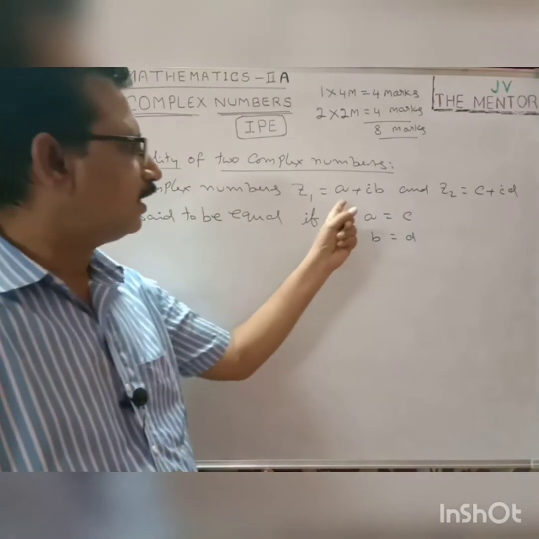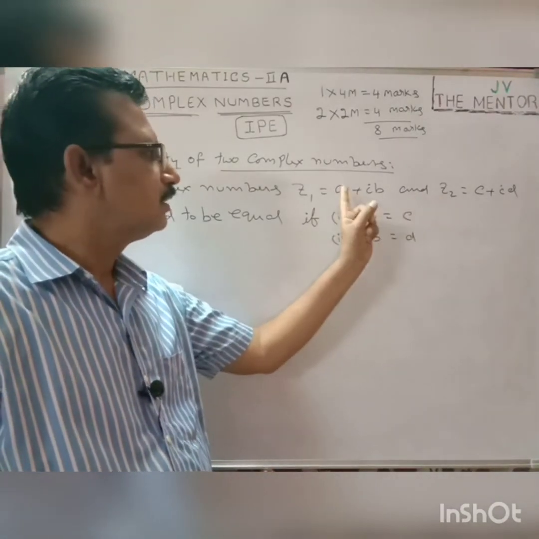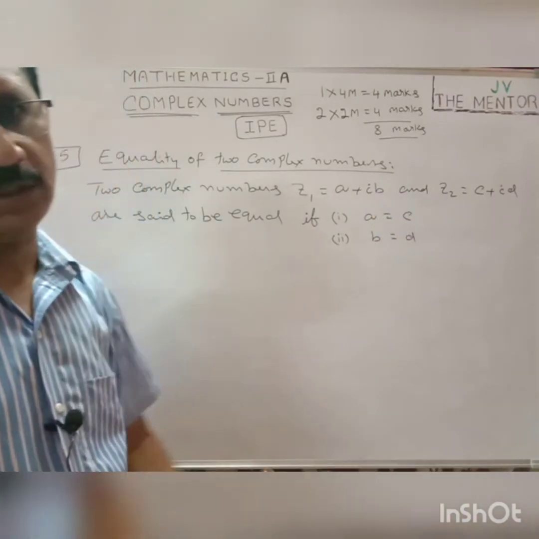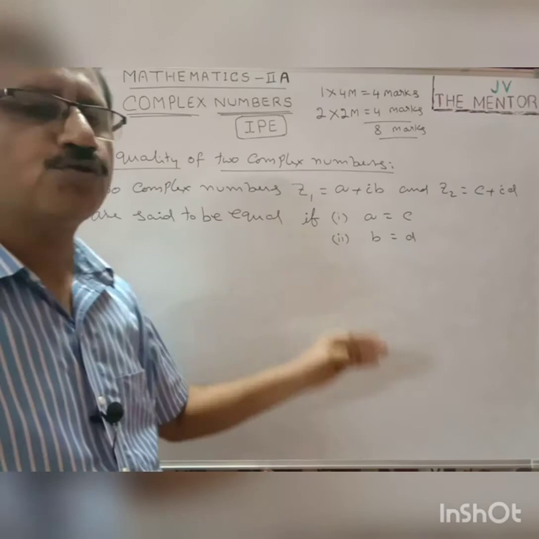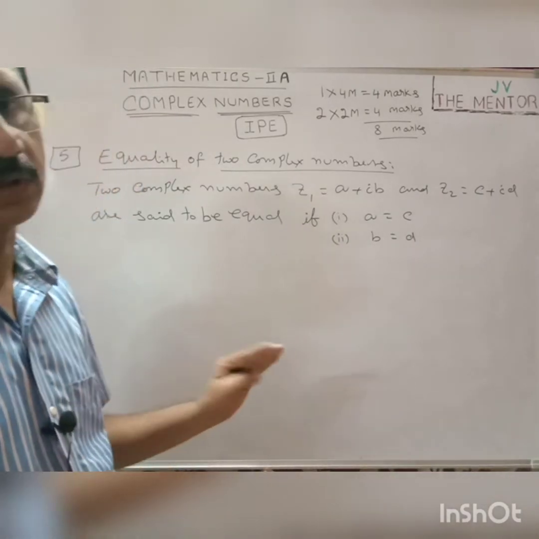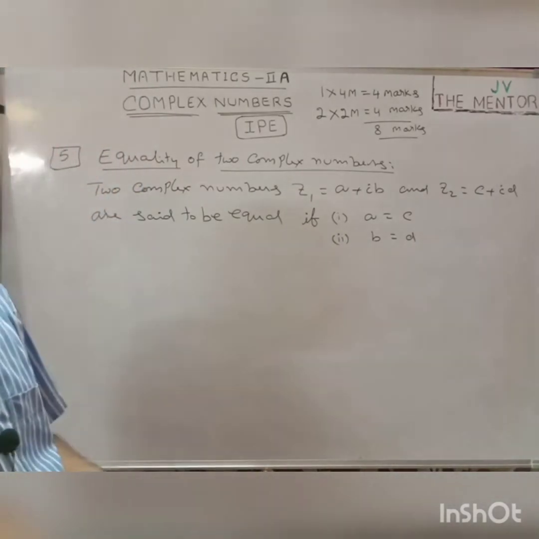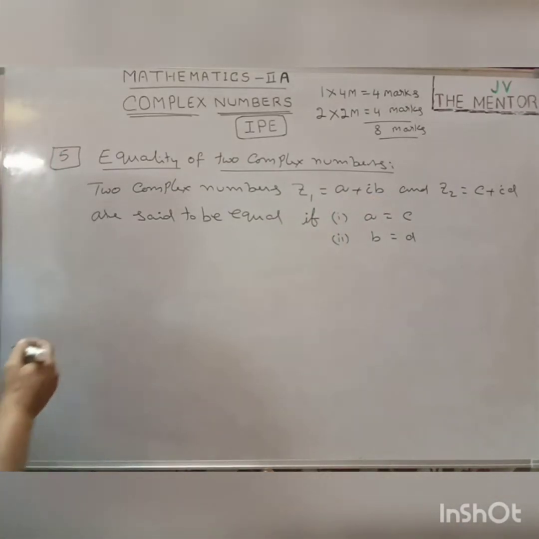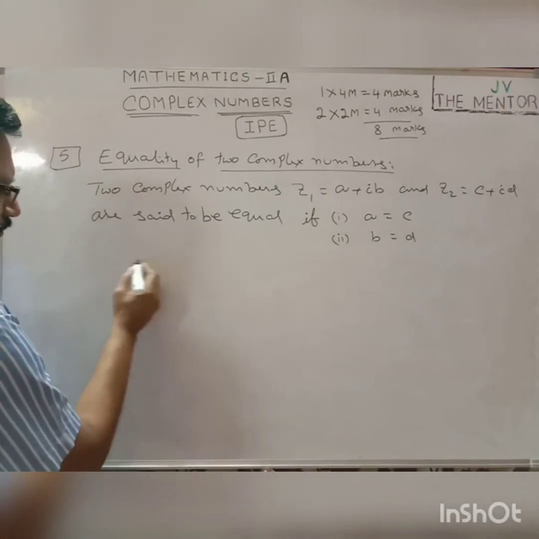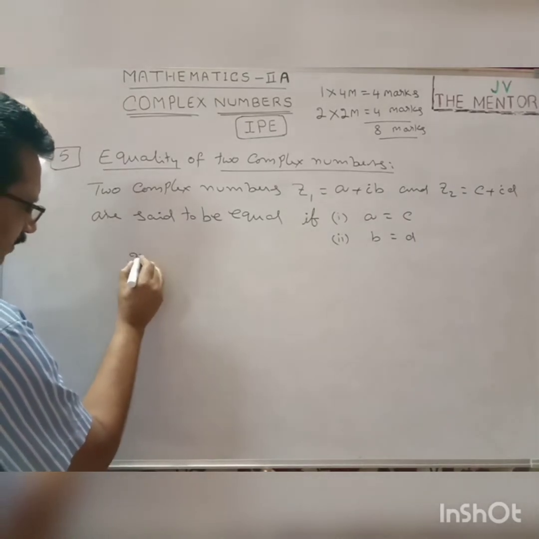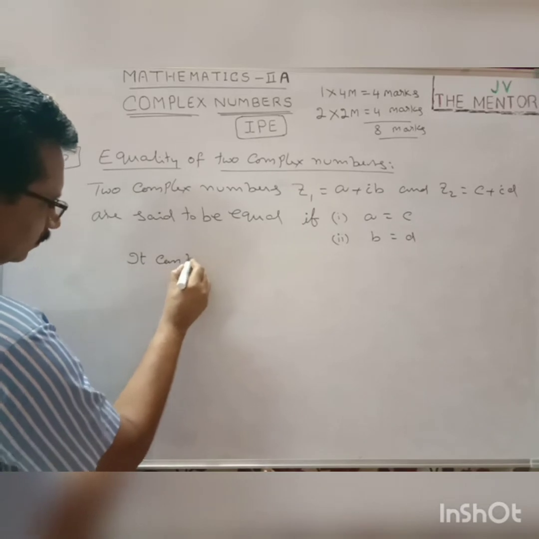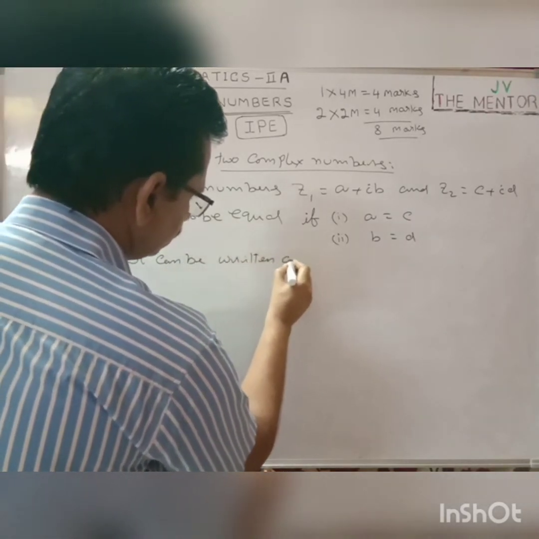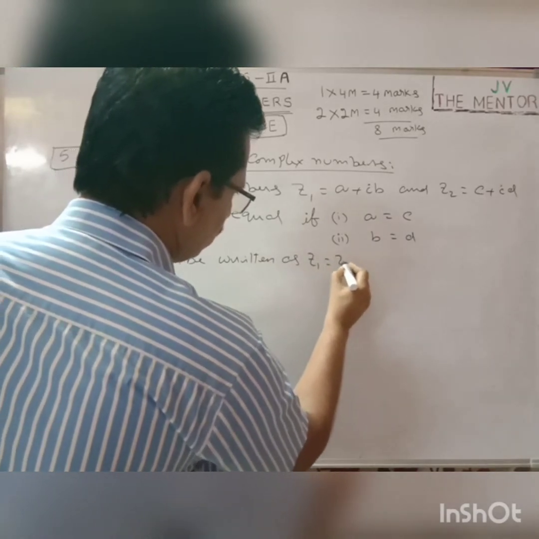That means in both complex numbers real parts are equal and also imaginary parts are equal. Otherwise these two complex numbers are unequal. It can be written as z1 equals z2.